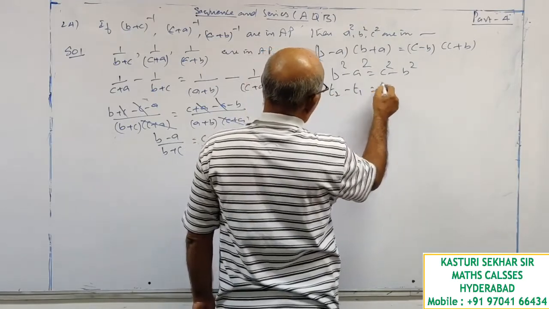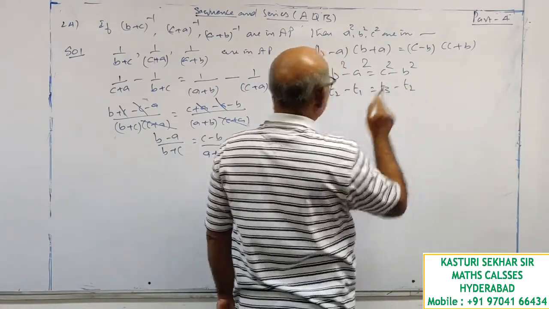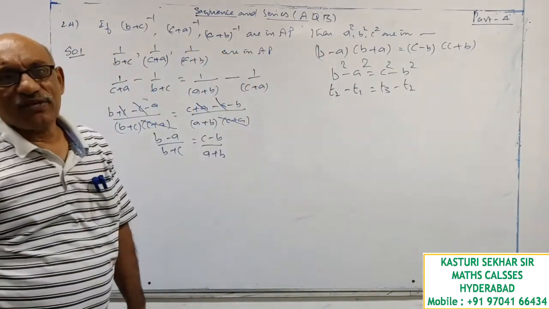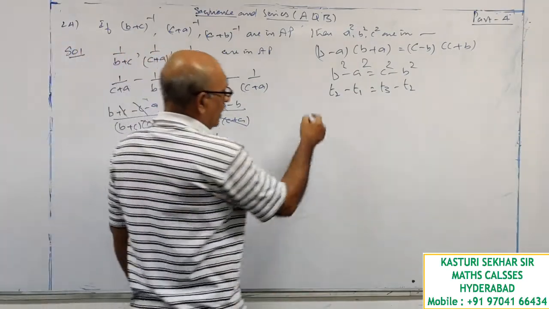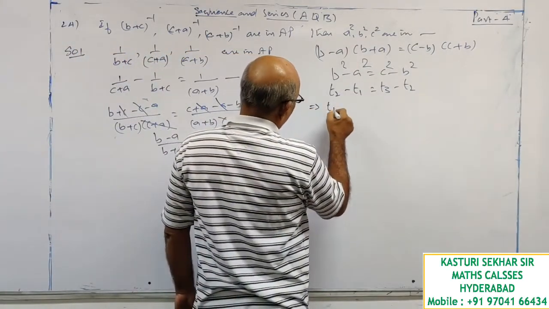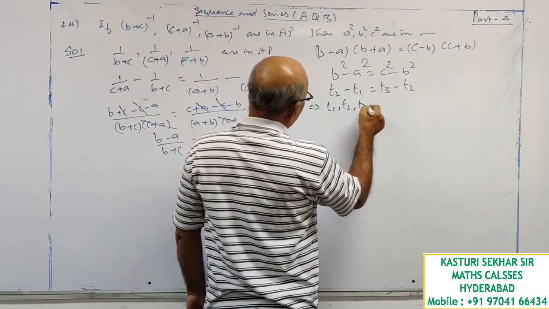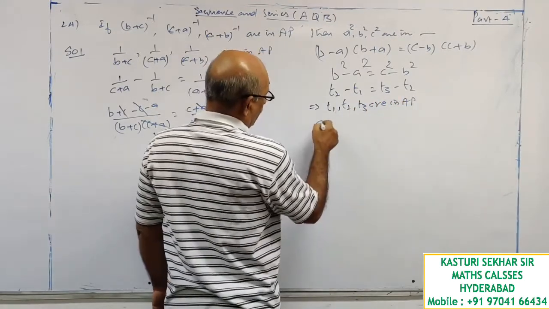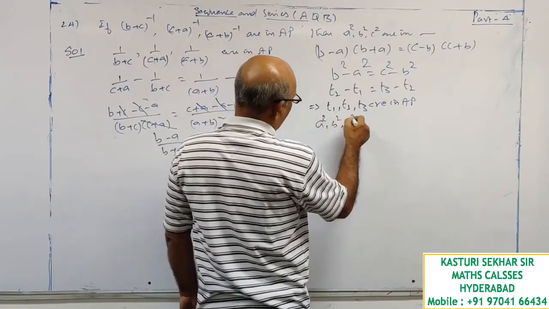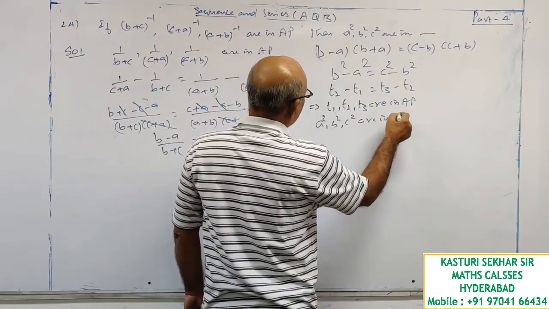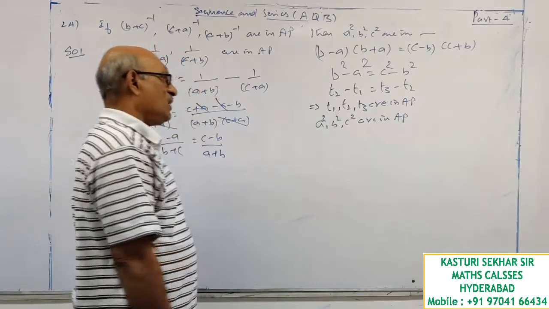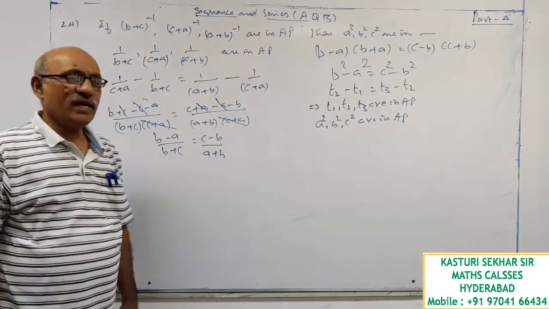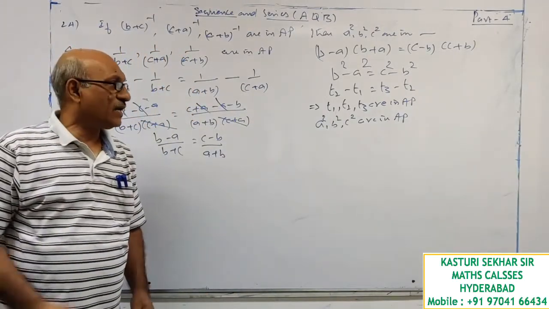T2 minus T1 is equal to T3 minus T2. The common difference concept is satisfied here. This implies T1, T2, T3 are in AP. So a square, b square, c square are in AP. The answer to this question is a square, b square, c square are in AP.